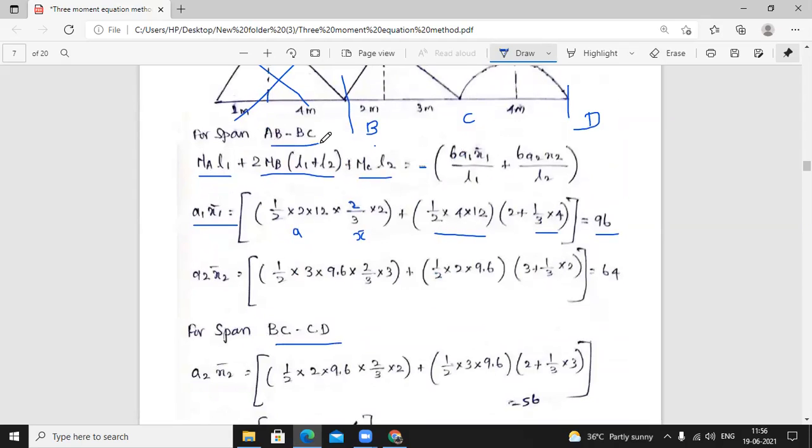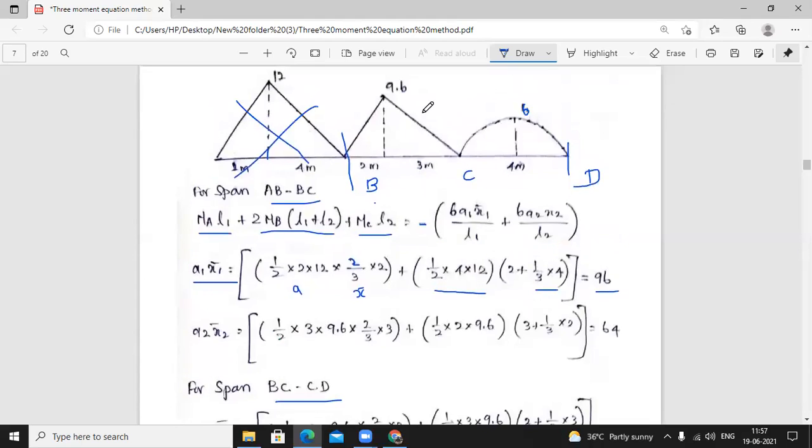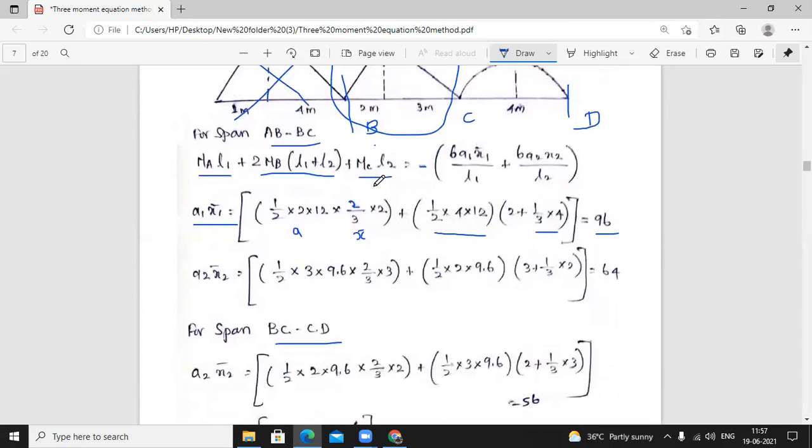Previously we took AB, BC, now BC, CD, because we can't analyze more than 2 spans using this equation. So now coming to BC and CD, we already know A2 X2 bar, but again we have to calculate. Now B point is the edge point for this span.